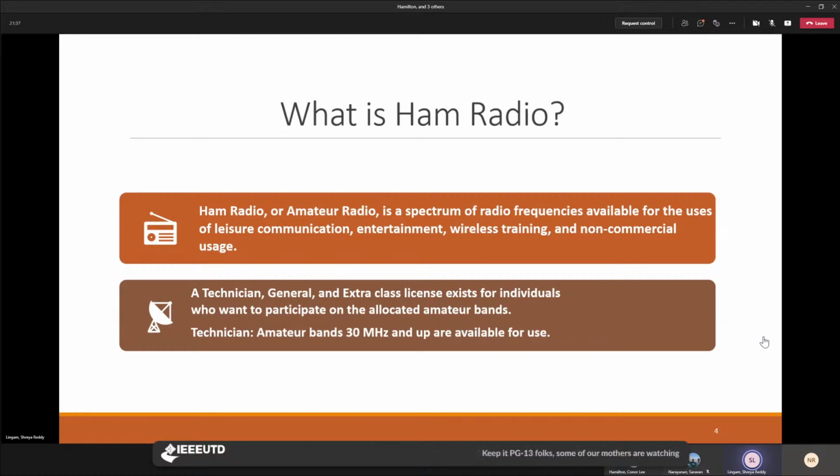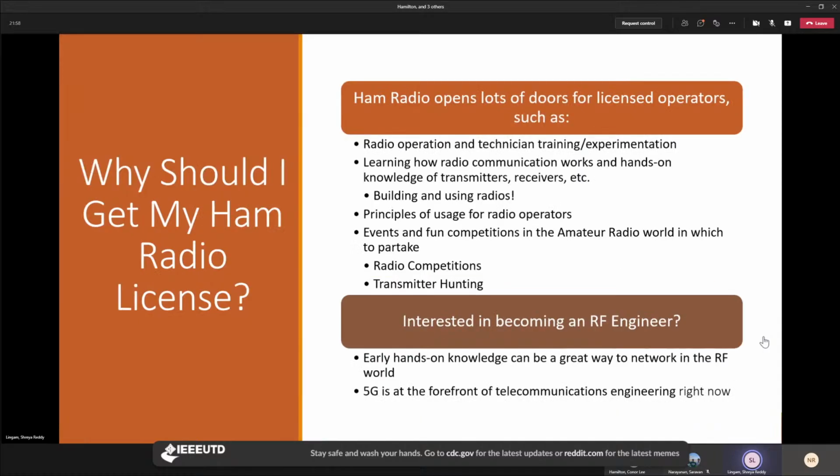The technician class license is the entry-level license, which gives the individual the ability to access all amateur radio frequencies above 30 megahertz, and the ability to participate in local communication. The general class license allows for worldwide communication, and the amateur extra class license allows for individuals to use all bands in all modes.